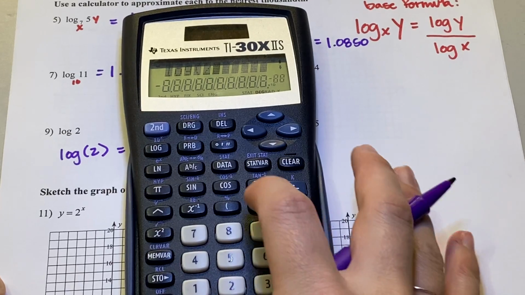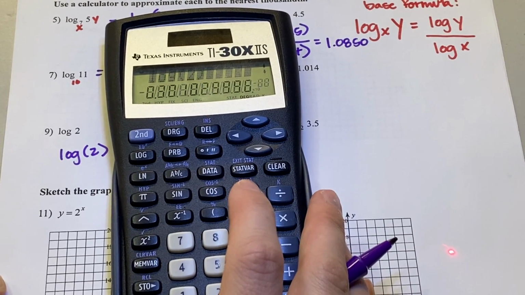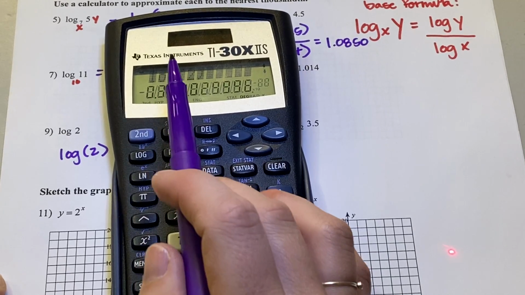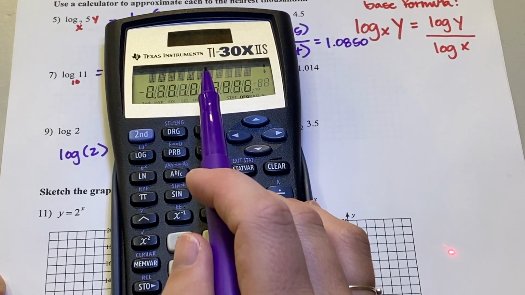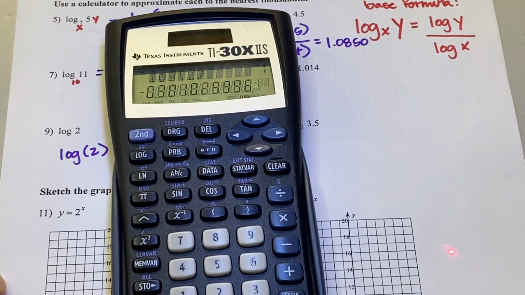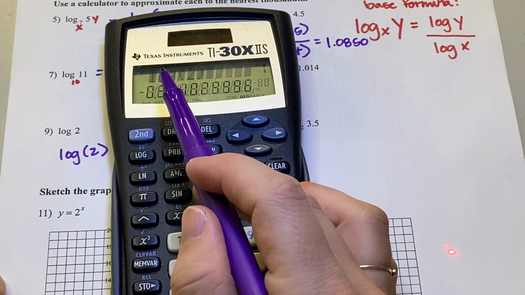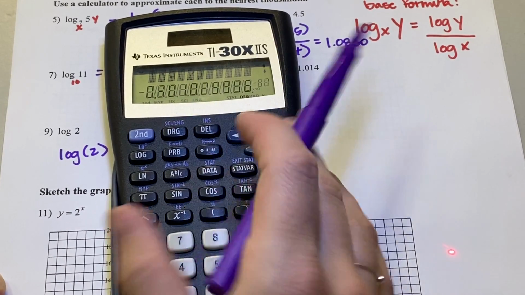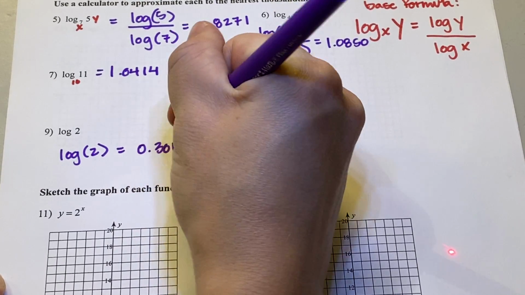Do you get the same answer? Let's take it to the 4th decimal place. Look behind. Is this 2 going to bump the 0 up to a 1? No. If it's 4 or below, it stays. So we have to write 0.3010.